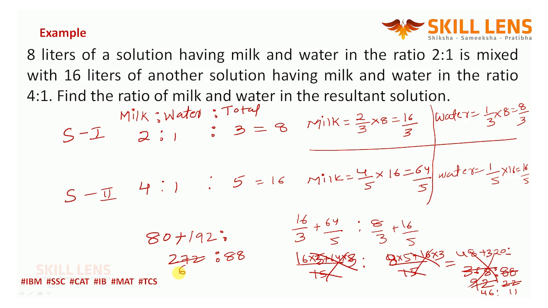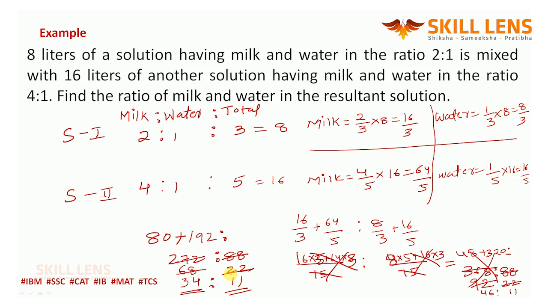I'm left with 3 and 8. 4 2s are... So 2 3s are, 2 4s are, 2 1s are. So I got my answer as what? 34:11 is the correct answer.